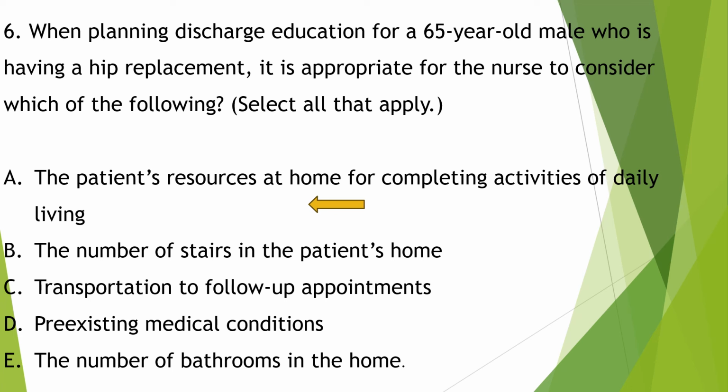The second one, if the number of stairs is more, then the patient may again require a rehabilitation center before returning home. Transportation to follow-up appointments will also impact the ability to go home or to a rehabilitation facility, as follow-up is a key component to a successful transition out of the hospital.